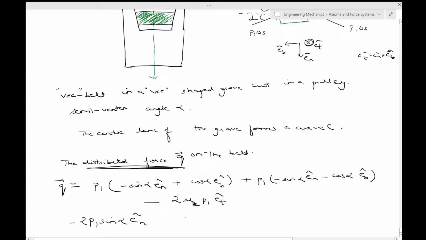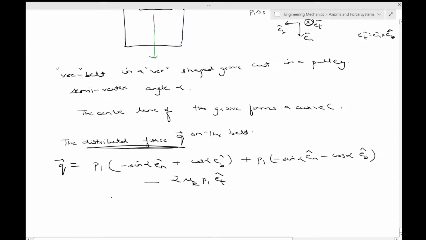And then in the Et direction, this must be equal to minus 2 mu k P1 Et hat, minus 2 P1 sine alpha En hat, because the EB terms will get cancelled.